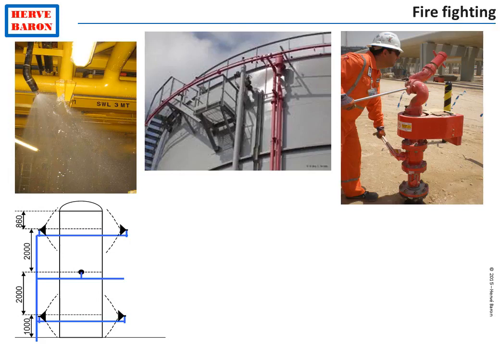A deluge system is provided systematically on all equipment of offshore facilities due to their close proximity. It is scarcely used onshore as access is available to spray equipment manually with fire monitors.